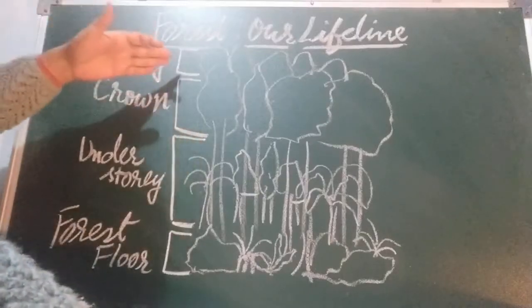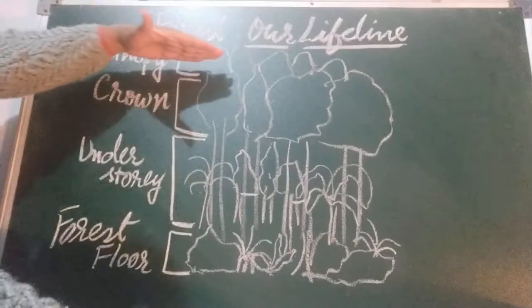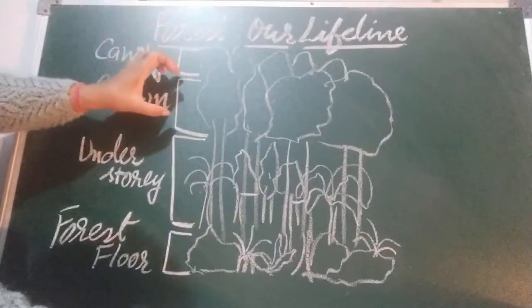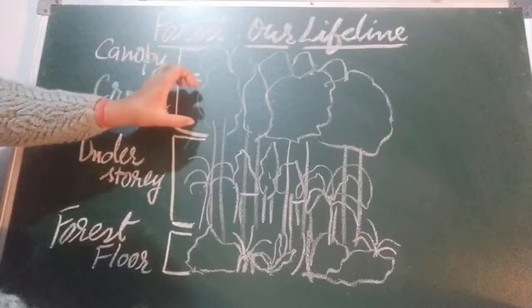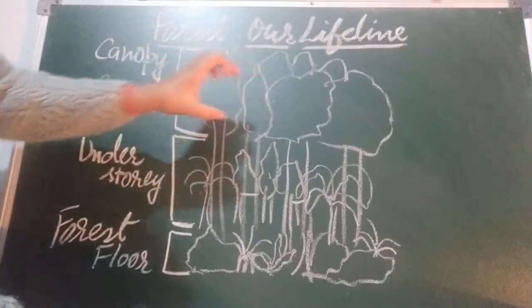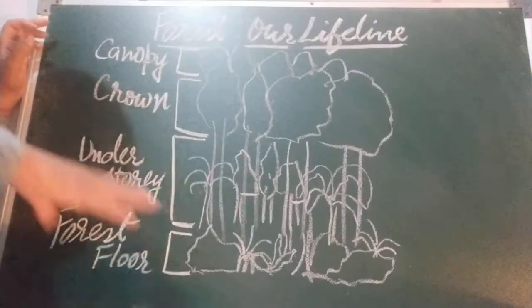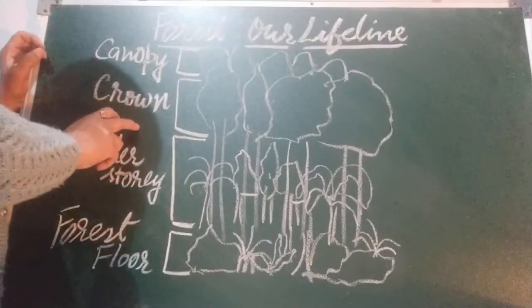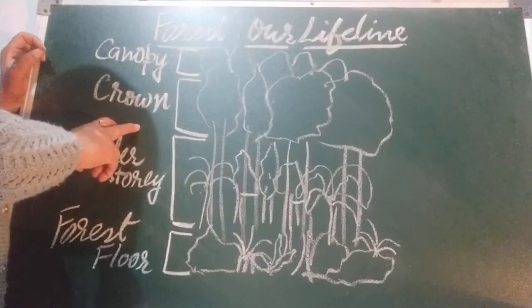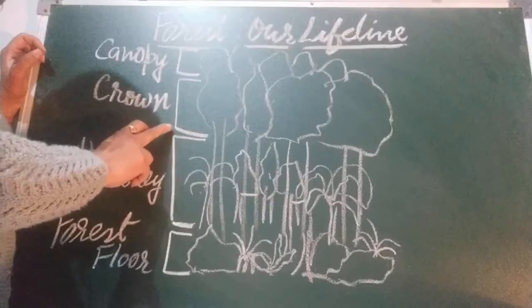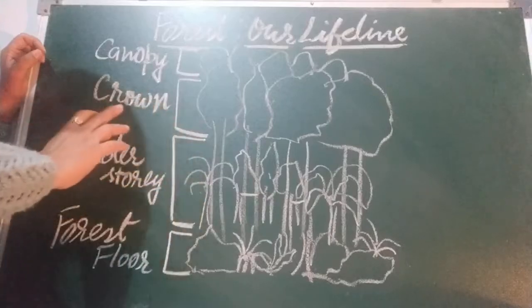Now come to the second layer, that is the crown. In the canopy you are seeing only the upper portion, but the branches and the lower part of this come in the crown. It has tall evergreen trees with large green leaves. The branches overlap each other, forming a continuous cover of dense leaves.